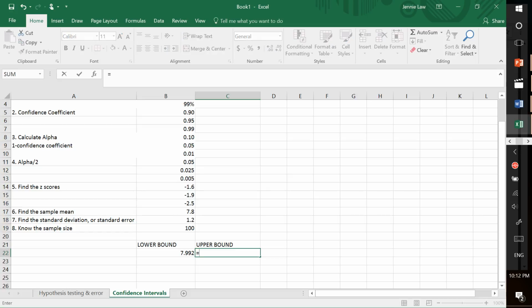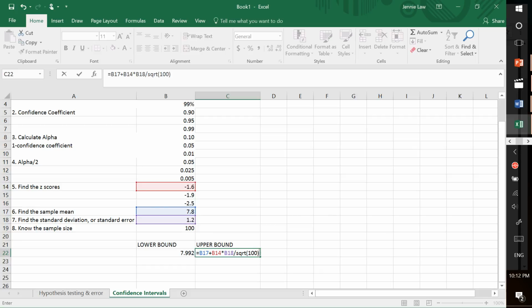And then what we're going to do, and you'll see I've actually flipped the lower bound to the upper bound, and I'll make it right in just a second. But with our upper bound, which is actually our lower bound, we just do the same process where we take the mean, and to that we add our z-score, which is right here. And we're going to multiply that by the standard deviation or the standard error divided by the square root of 100.